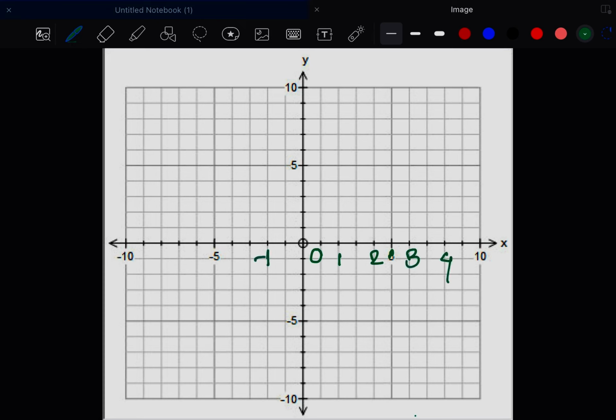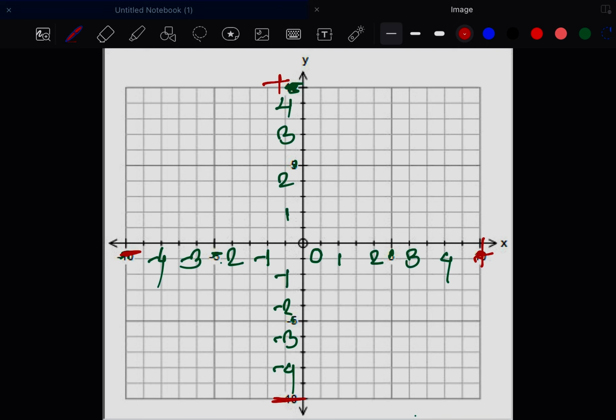Similarly, -1, -2, -3, -4, and +1, 2, 3 and 4, then -1, -2, -3 and -4. So this is the x-axis, this one is the y-axis. So this is plus x, this is plus y, this is minus x, and this is minus y.